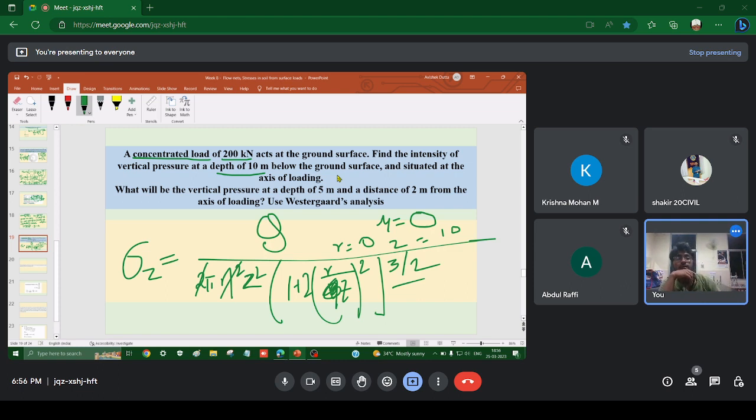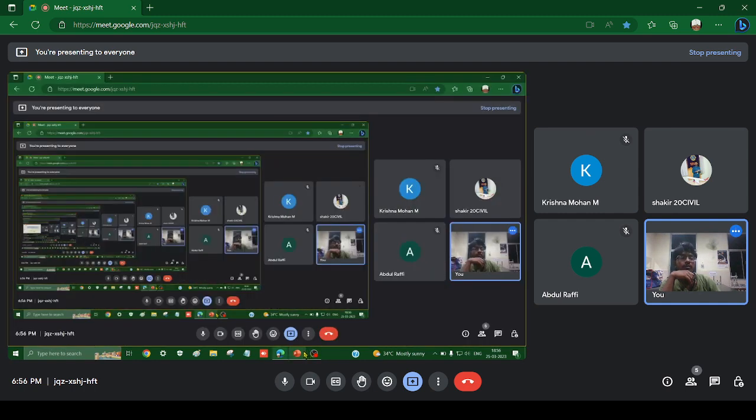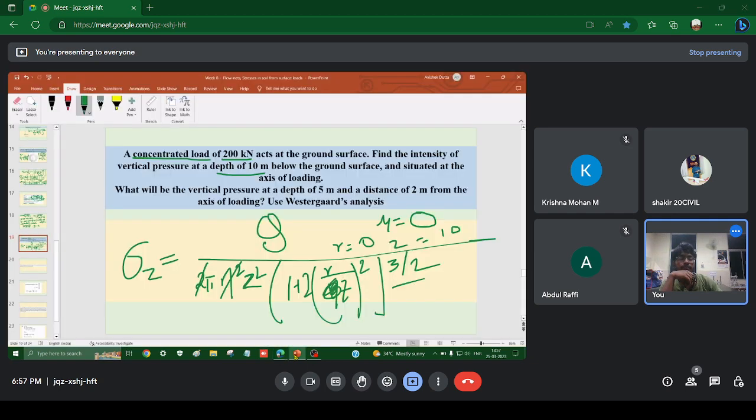First answer will be 0.64. Because 200, z is 10, 100, it is 2 in the numerator and pi in the denominator.